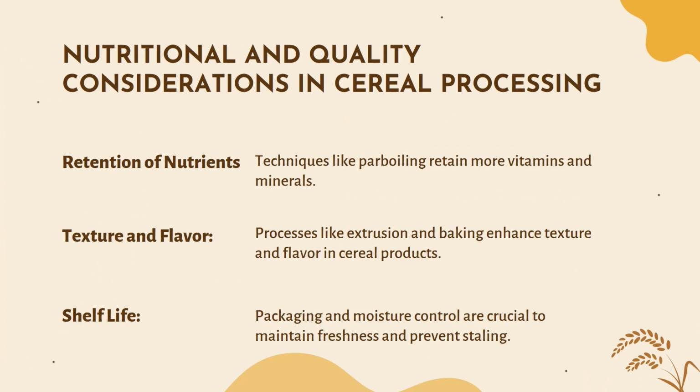We all know that cereal processing isn't just about taste, it's about nutrition too. Whole grains retain fiber, vitamins and minerals, while refined grains lose some nutrients during processes like milling. That's why fortified cereals have added vitamins like B12 and iron. Food safety is also important, that is shelf life.